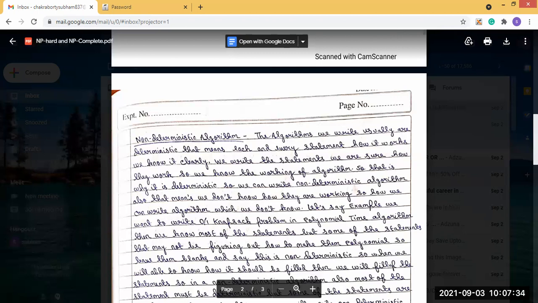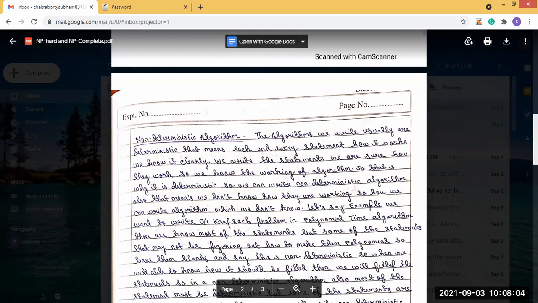We did not know how it can be done, so if we are able to know, then we will fill up the blank. Mainly most of the statements are deterministic, but some statements are non-deterministic. So for that, we will write a non-deterministic algorithm.